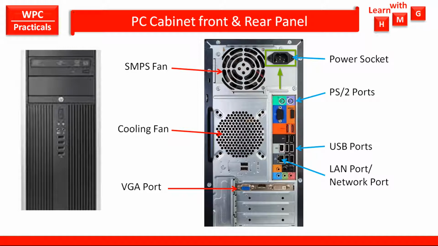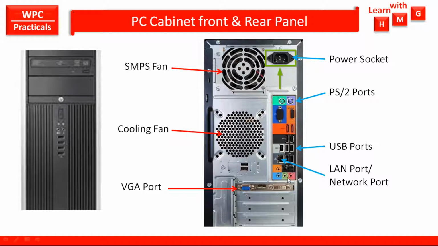And besides this, there are some USB ports, that is universal serial bus ports. Here you can view there are 6 USB ports available. Then besides this USB port, there is a network port or the LAN port or the NIC port. Here you can connect the RJ45 connector to connect this particular PC in a network.